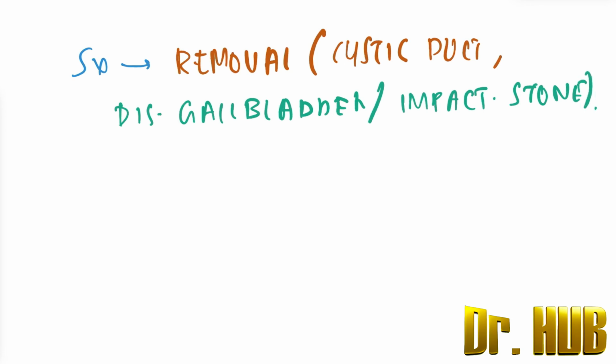So the surgery contains the removal of the cystic duct, next the diseased gallbladder as well as the impacted stone.